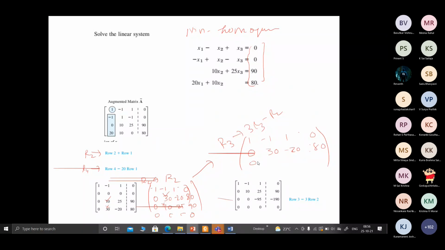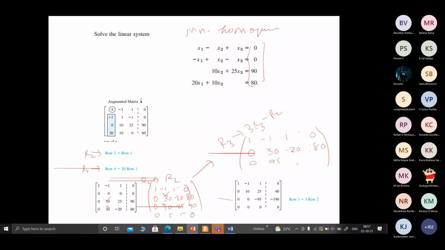Then this is 0. 25 into 3 is 75, minus minus 20, that is 95. And then 3R3 gives 270 minus 80, how much is that? 190.